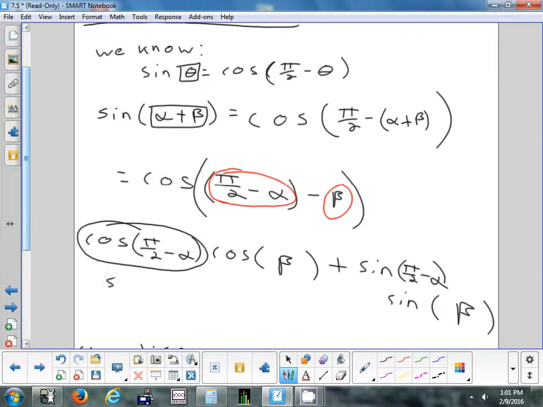So just write sine alpha, cosine beta. Now, this one we didn't actually prove, but what do you think the sine of pi over 2 minus alpha is the same as? It's kind of the same reasoning as this one. Cosine alpha. Yep. The sine of 90 minus something, if you did it in degrees, is just the same as the cosine. And sine we can't really do anything with.